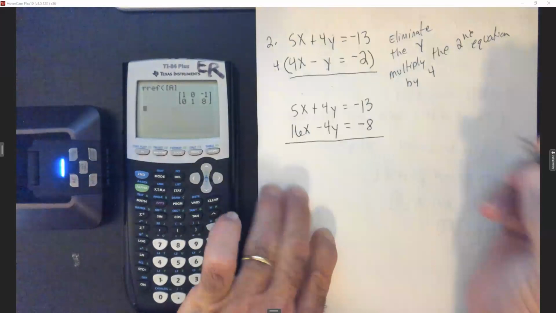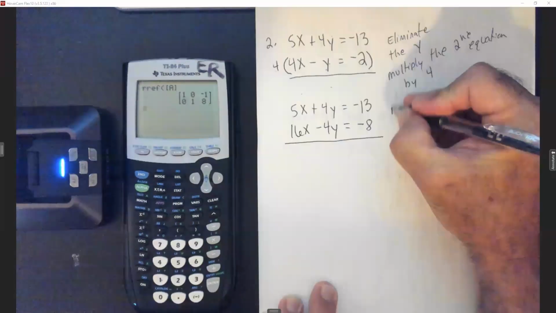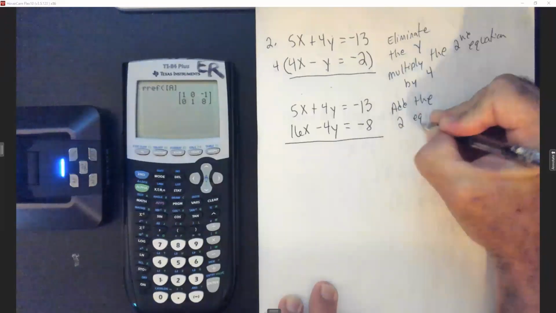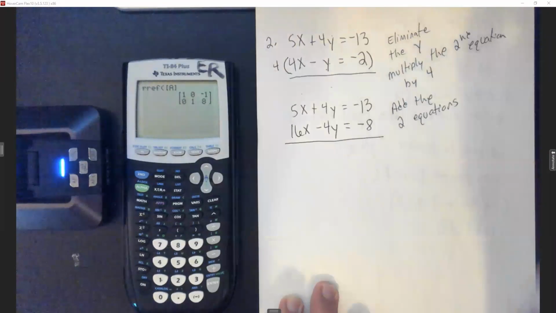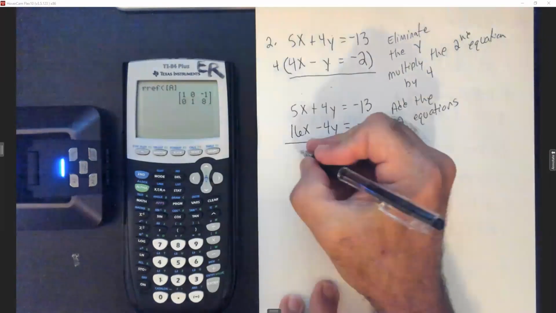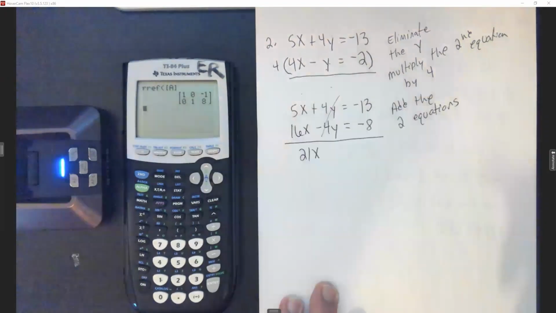So now if you look at this, I can now eliminate those y's. So I'm going to add the two equations. So let's see what we get over here. 5 and 16 give me what? 21 x's. These y's are going to cancel.